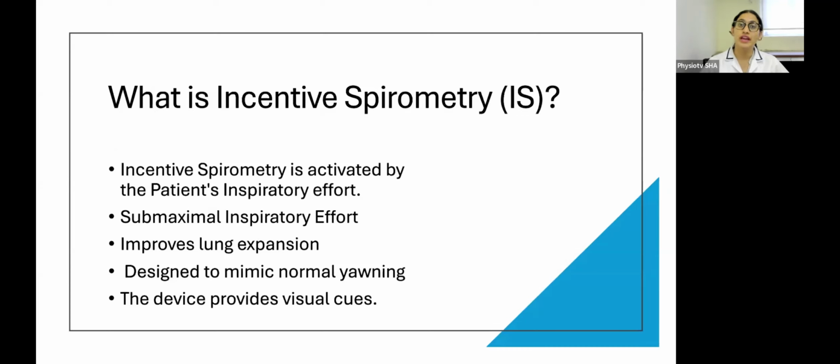The inspiratory effort that the patient takes through the device mimics a normal yawning response. This device gives the patient a visual cue as to how much effort the patient is able to put in, so that it works as feedback.